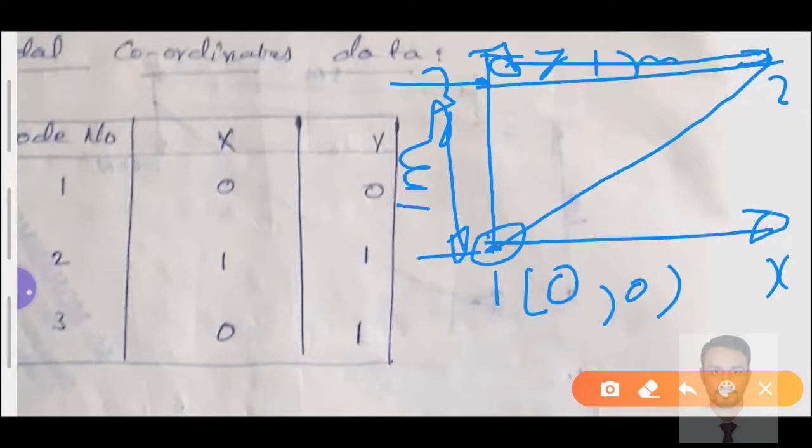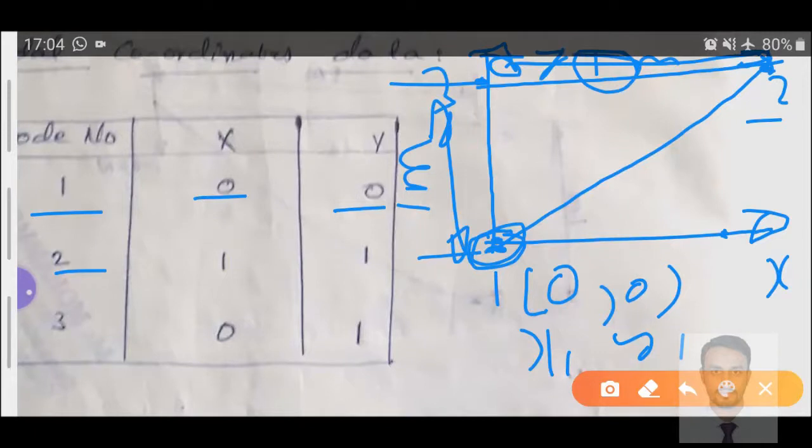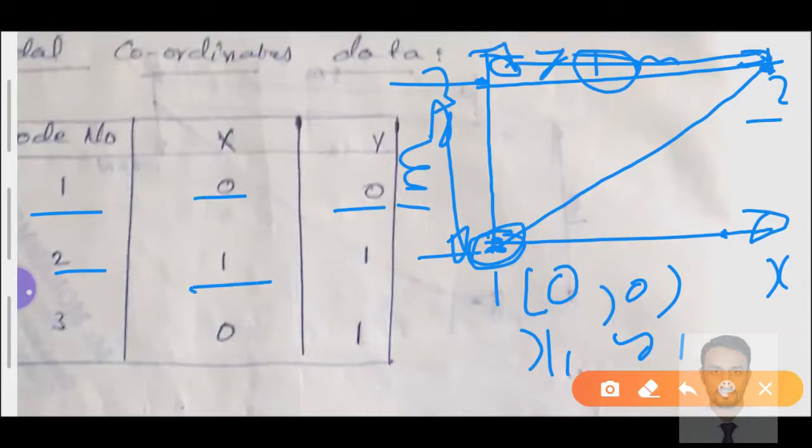Node number 1 is present at the origin, so x1, y1 is 0 and 0. Node number 2 is away from the origin along the x-axis as well as along the y-axis. The distance along the x-axis is parallel to this 1 meter, so x2 is 1.